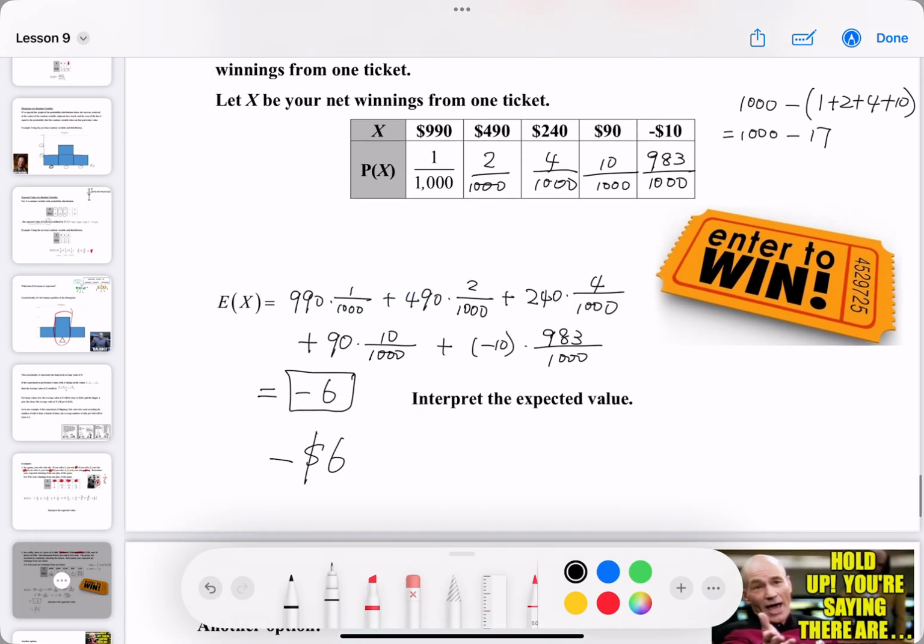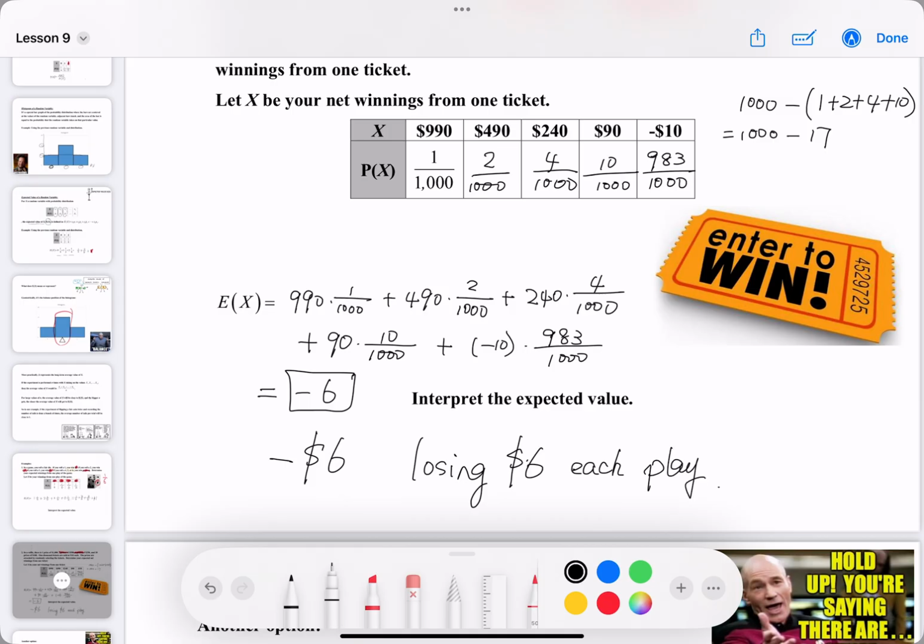That means I'm losing. I'm losing $6 each time I buy a ticket, or each play.